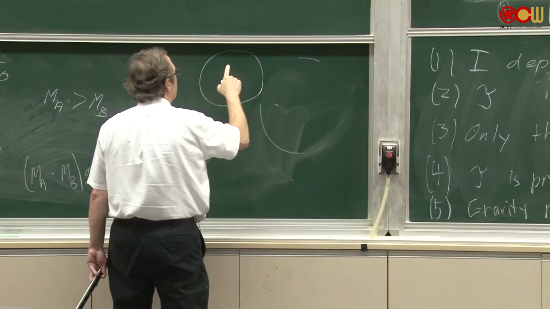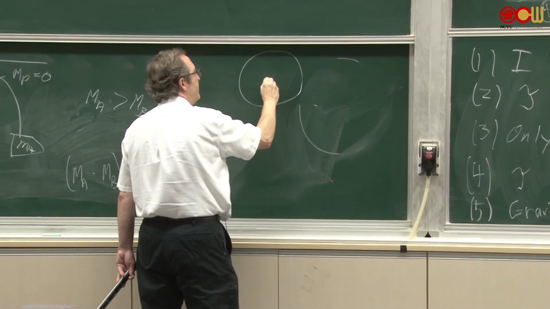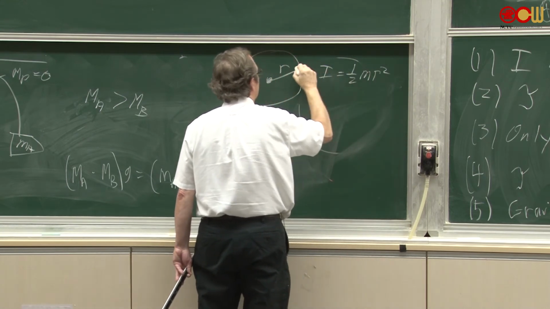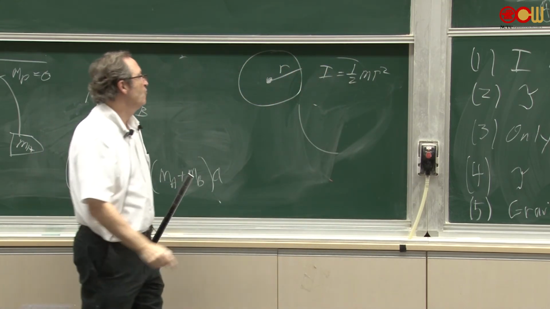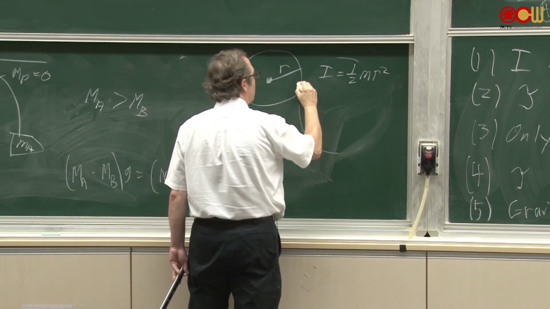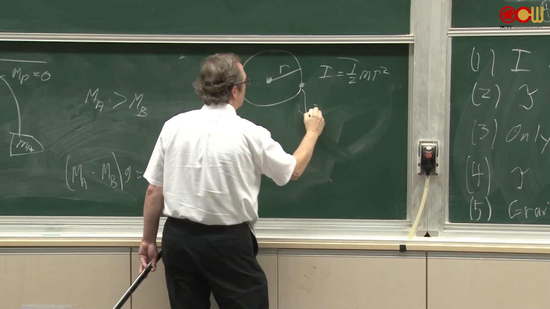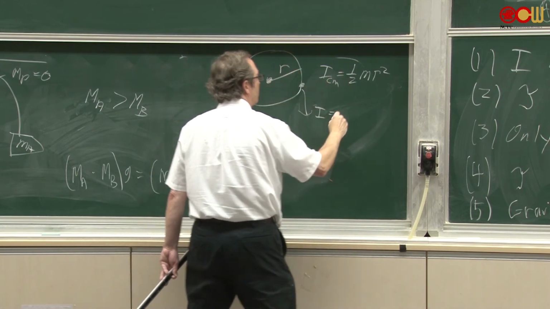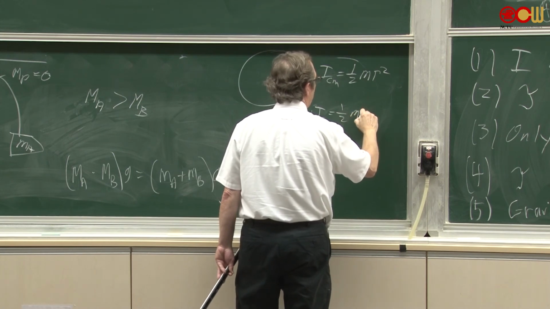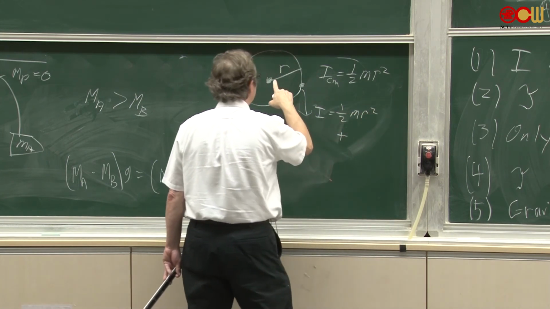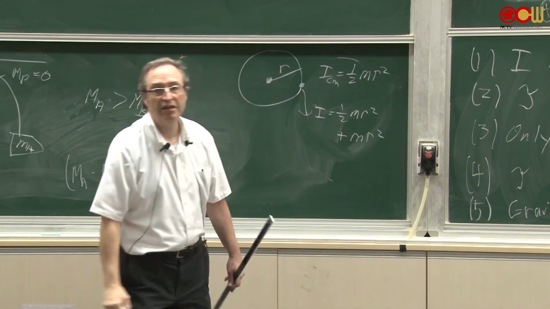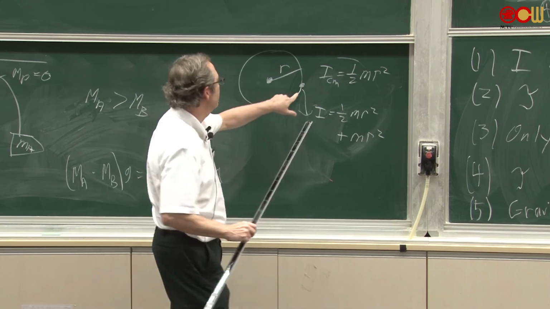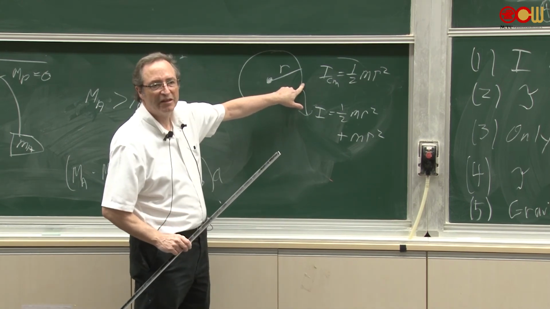So for example, the moment of inertia about this point here is 1/2 m r squared. R is the radius. If you want the moment of inertia about here, and this is through the center of mass, so it's 1/2 m r squared plus m r squared. So it would be, I guess, 3/2 m r squared.